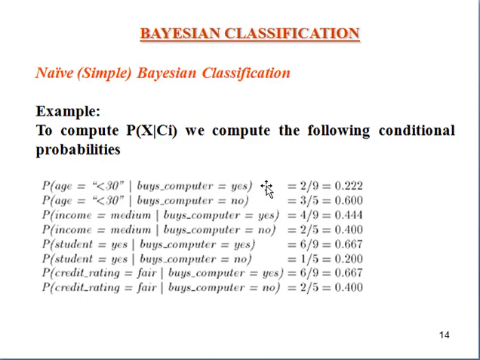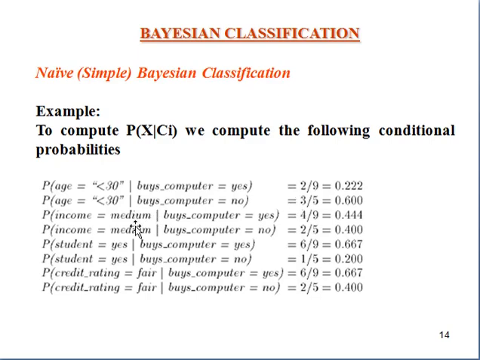So all these probabilities, if you look into the data set, you will see that they come out to be 2 by 9, and the probability for having age less than or equal to 30 and buys_computer equal to no is 3 by 5.